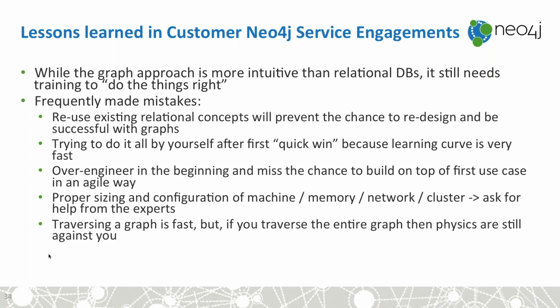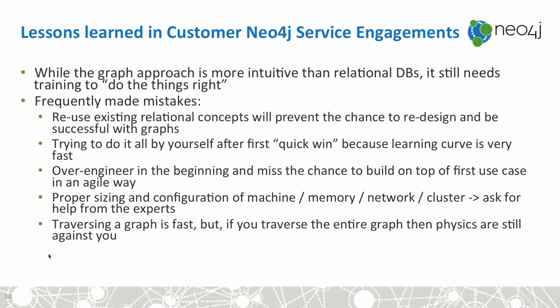And in the end, the simple truth is that traversing the graph is blazingly fast, yes, but if you are not selective in what and how to traverse, you may end up traversing the entire graph, right? And then the physics are still against you, and you compare traversing a full graph, basically, with a full table scan. So in other words, this may not lead to a lot of success.